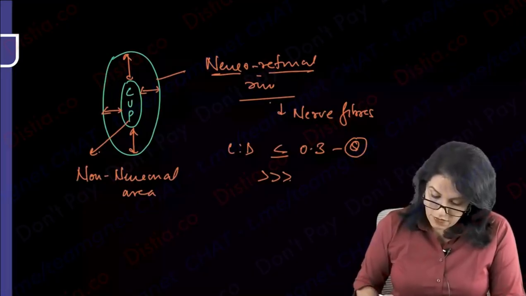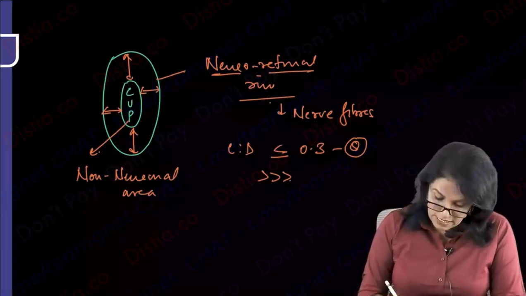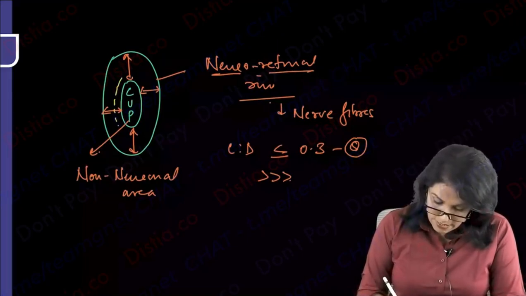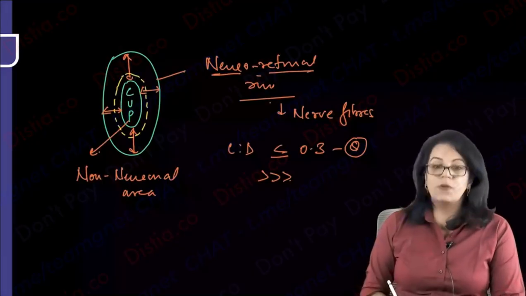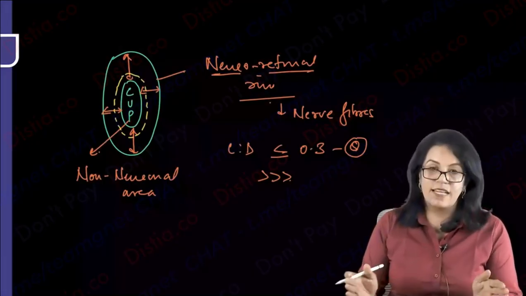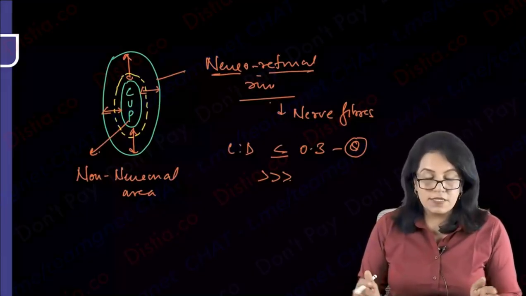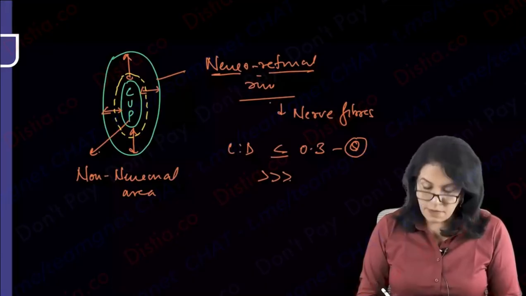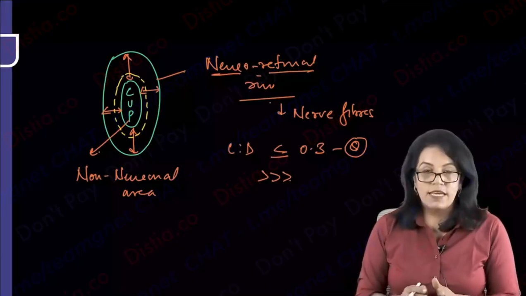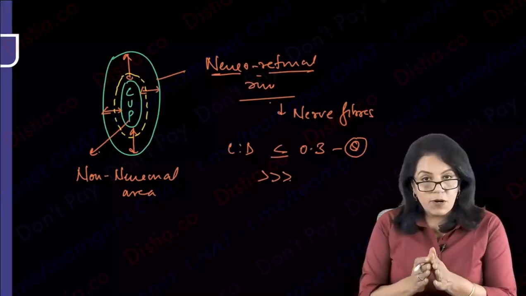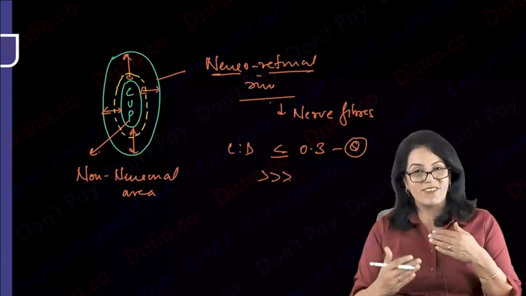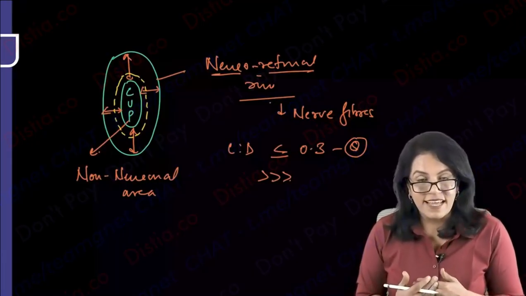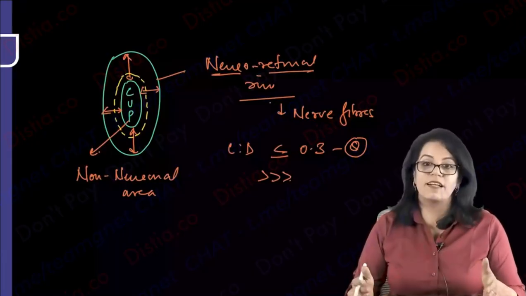When I say the area of the cup is increasing, it means the non-neuronal area is increasing and the neuroretinal rim will be thinning down. So when the cup area is increasing, it means this is getting damaged. The non-neuronal area is mainly remodeling of the lamina cribrosa due to the proliferation of the astrocytes and glial cells, which looks like cupping.